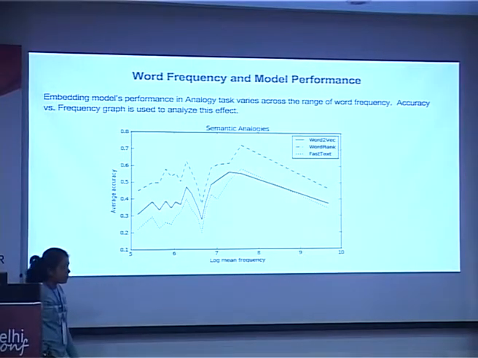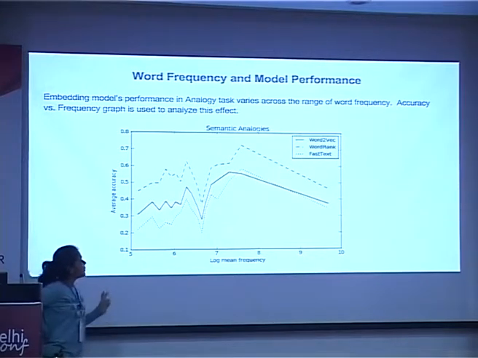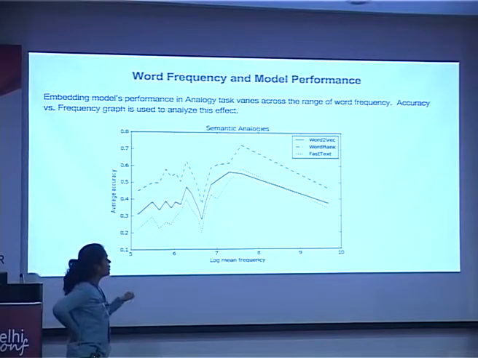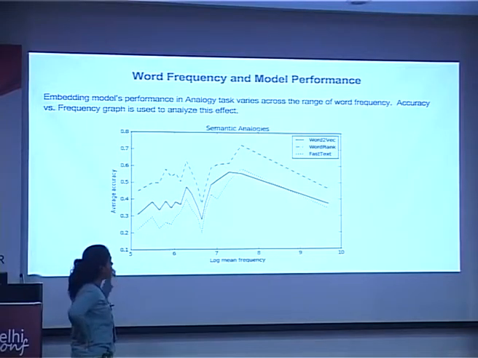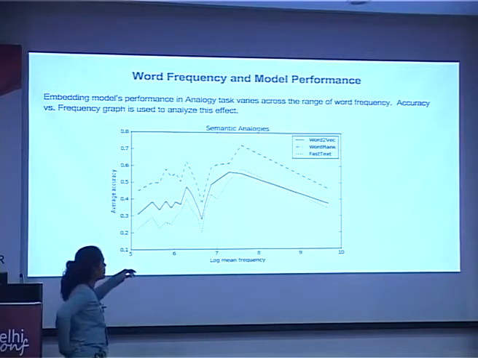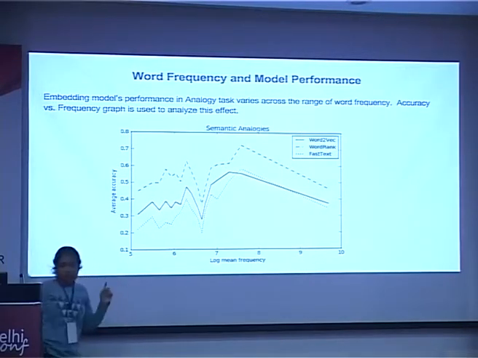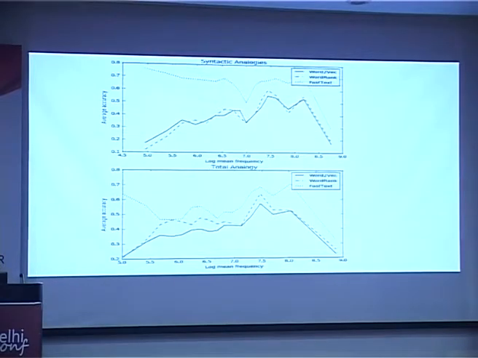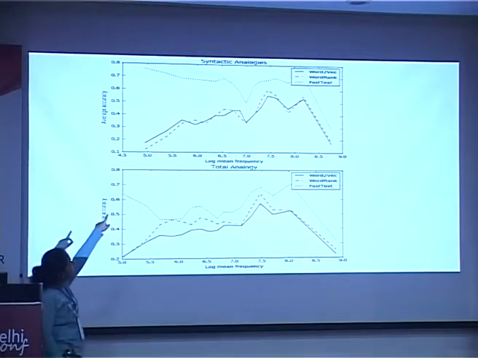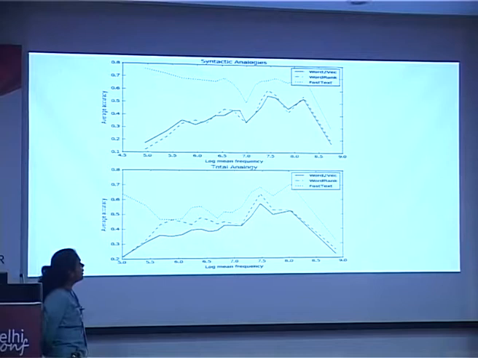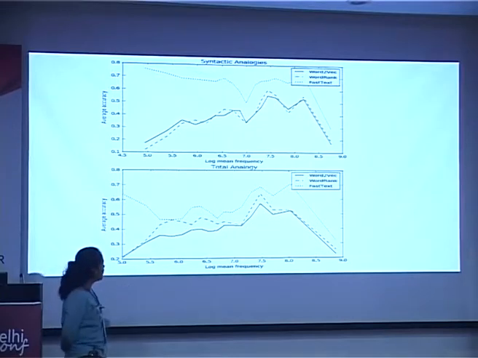The next conclusion was that for semantic analogies, WordRank performed the best across all ranges of frequency, and for syntactic analogies, the above one, FastText performed the best for all ranges of frequency. And this is the total, semantic plus syntactic.